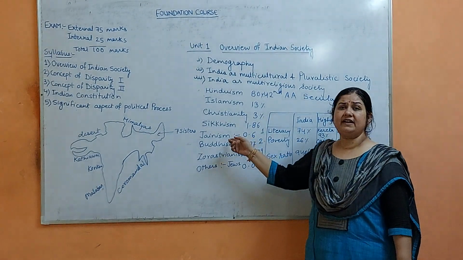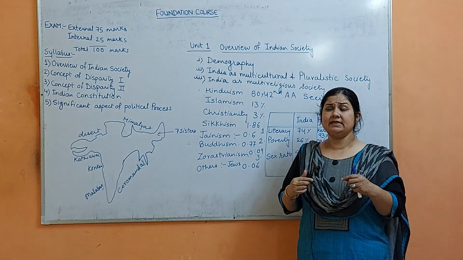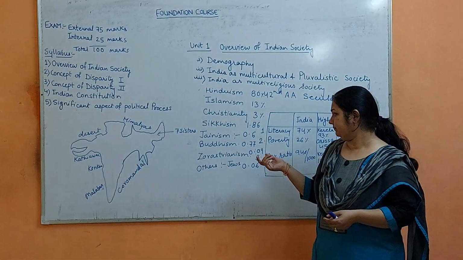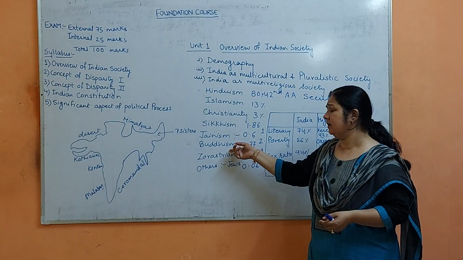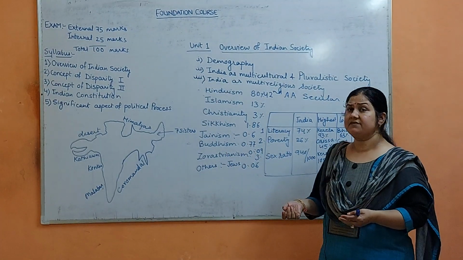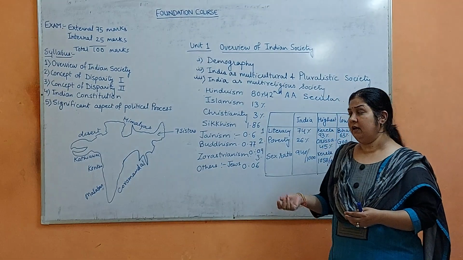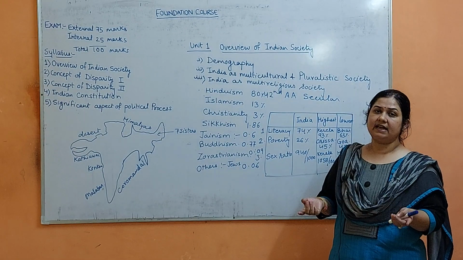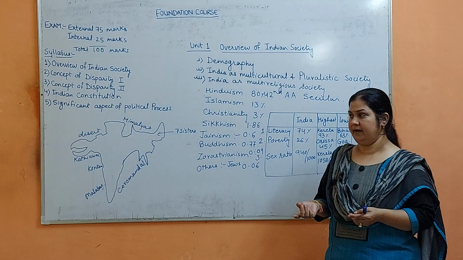Now it is also divided into two sects. One is Shwetambar and the other is Digambar. Next is Buddhism. It is called a universal religion and its founder was Gautam Buddha, and it is also divided into two sects, Hinayan and Mahayana.